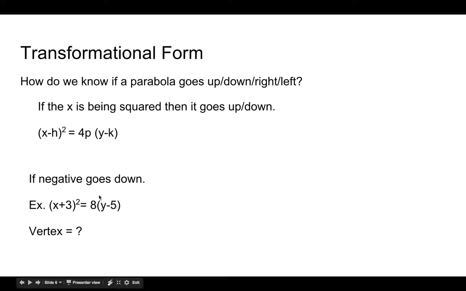So this is telling us that the parabola is looking down like this, not up like that. So looking at the h and k values, what would be the vertex? The vertex should be (negative 3, 5) for the coordinates of the vertex.